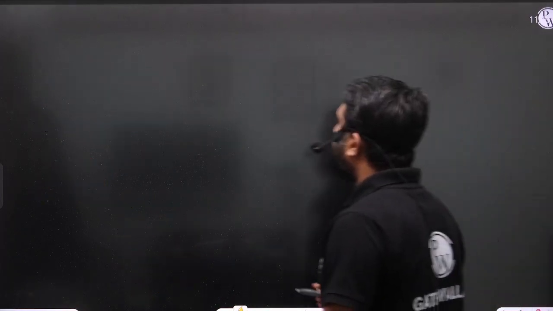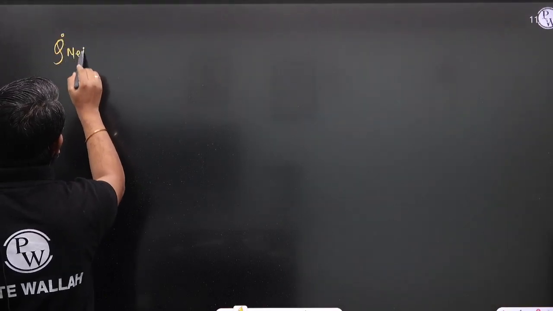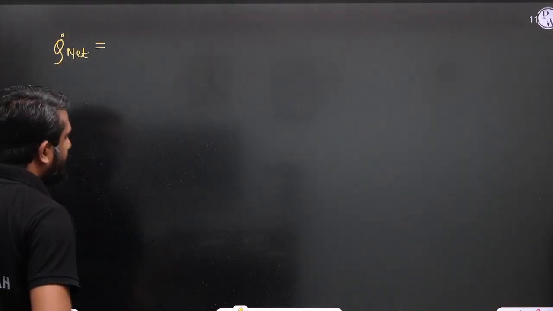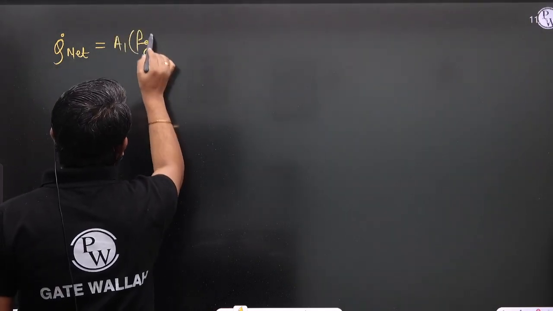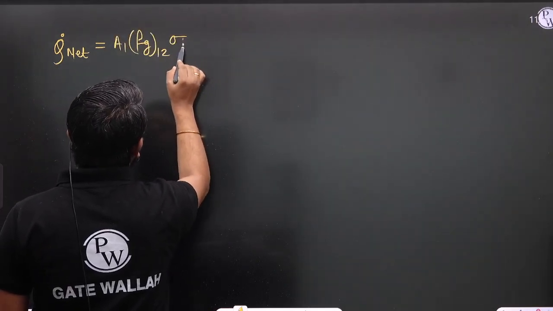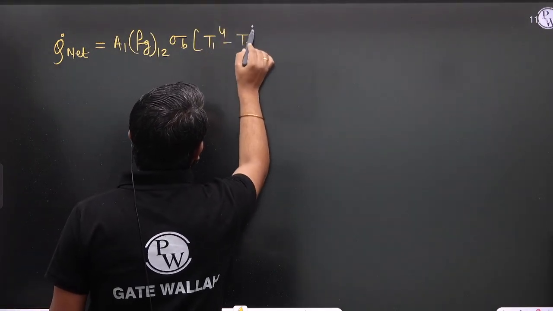And once you know the Fg12, now you can easily calculate the radiation heat exchange from the dome to the base. This is A1 Fg12 sigma B (T1 to the power 4 minus T2 to the power 4).